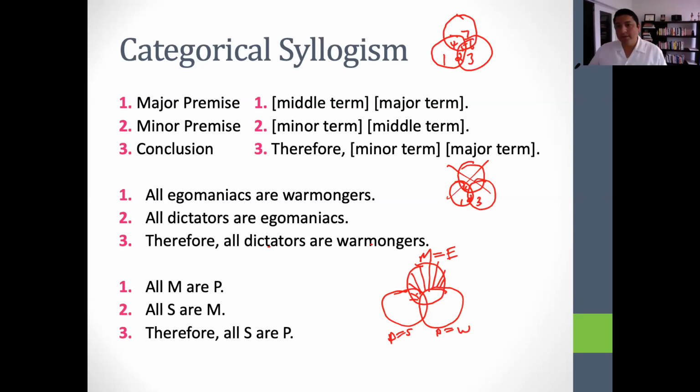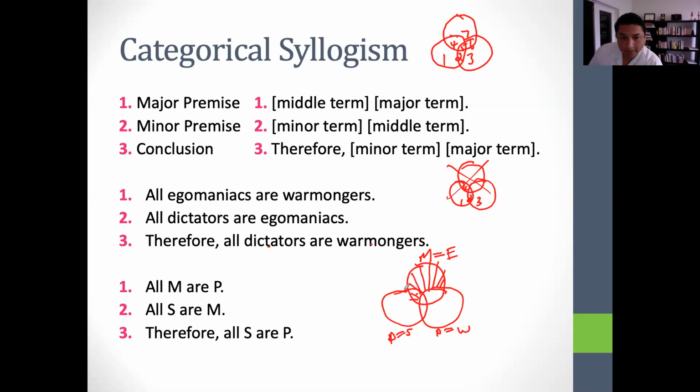So you're dealing with seven sectors within the circles themselves. Now, coming back to the first premise, notice that you're actually shading out sectors 4 and 7 here. So just keep that in mind.